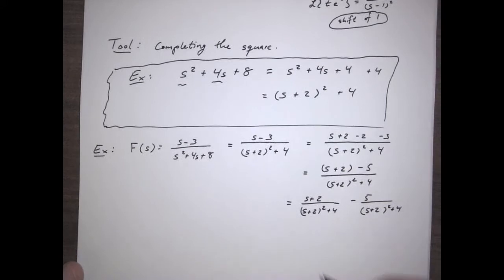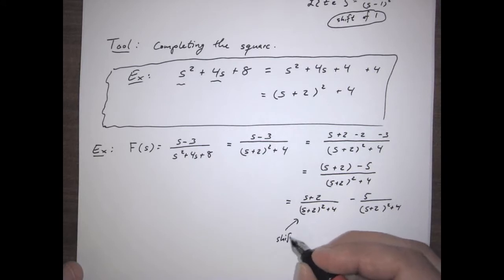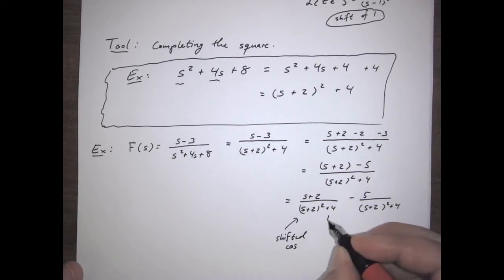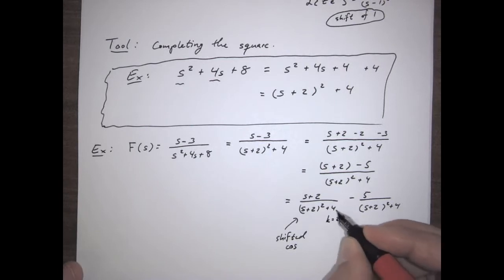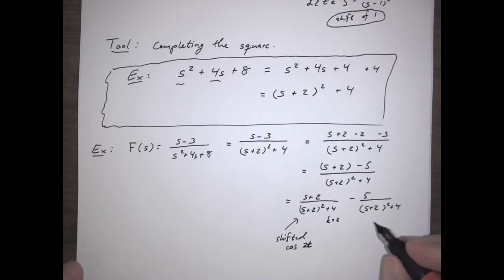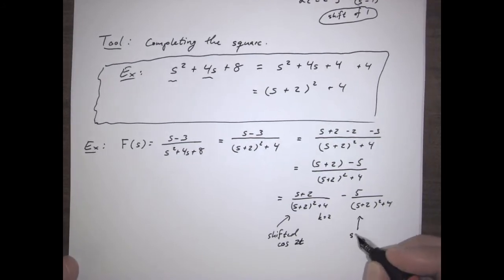And then this becomes a shifted cosine, and since k here is going to be equal to 2, a shifted cosine 2t, and here this is going to be a shifted sine 2t.